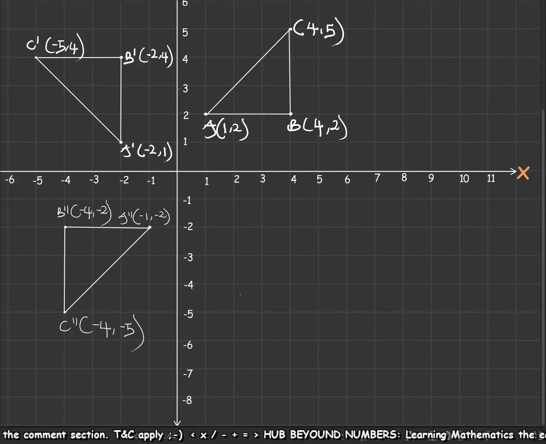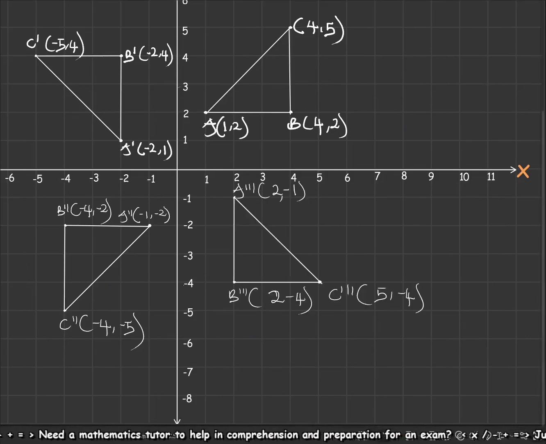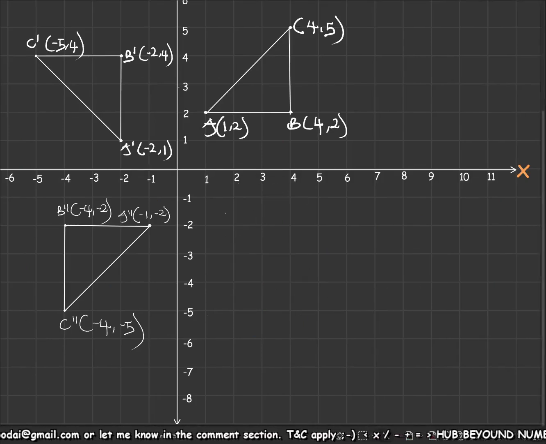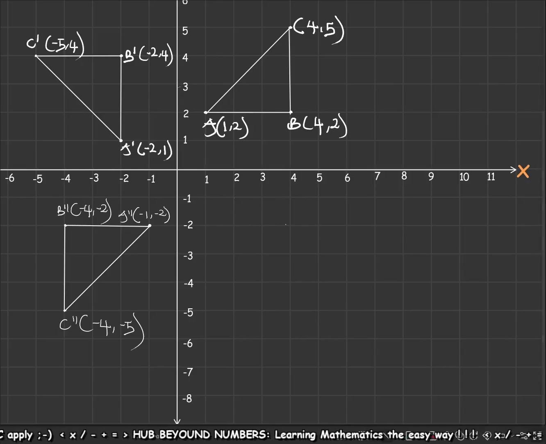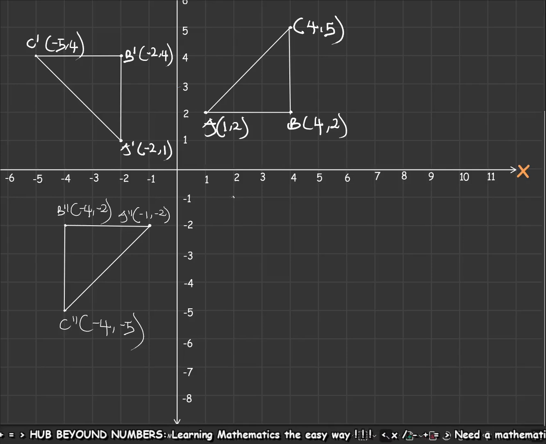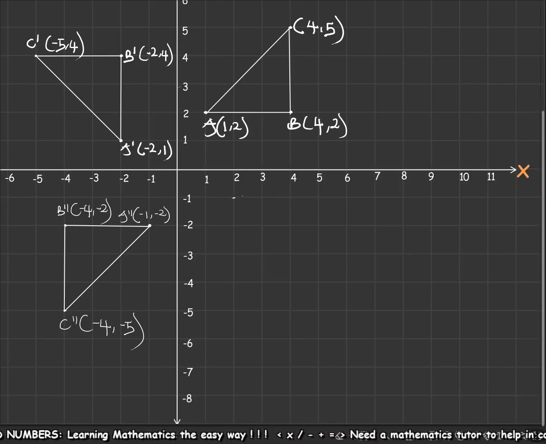So for A prime prime, we had it to be, so for the last one, we have A prime prime being what? 2, negative 1. So 2, negative 1. We have that over here. So for A prime prime, we have 2, negative 1.